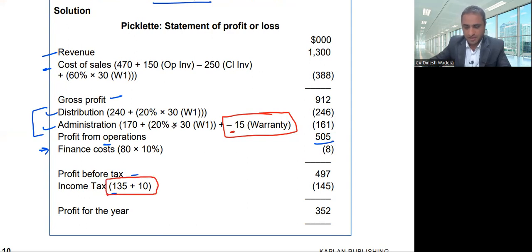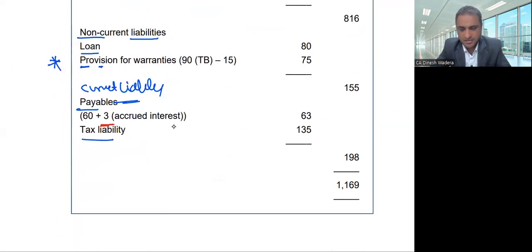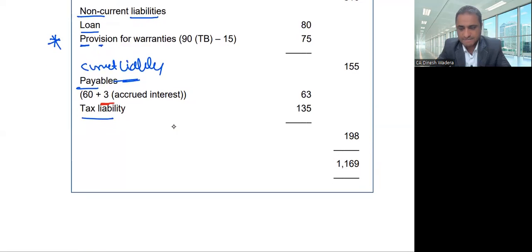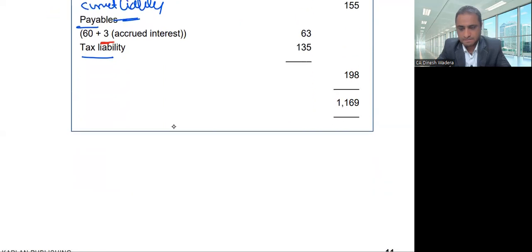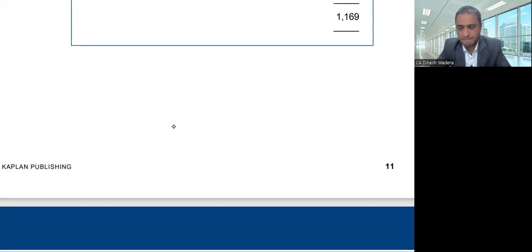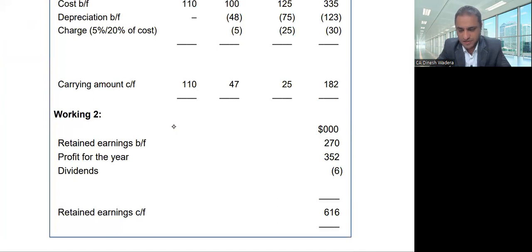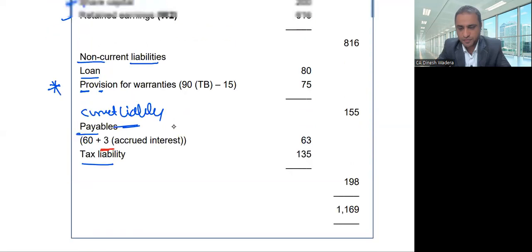So I will follow the Kaplan approach. Let's see if they have mentioned anything regarding this. Payable they are showing 135. Even though I really do not agree to this adjustment, but let's go with this approach only.